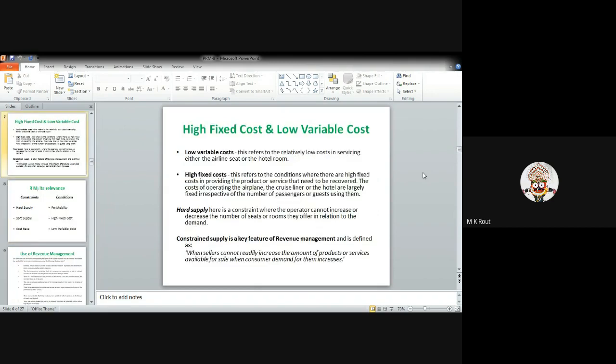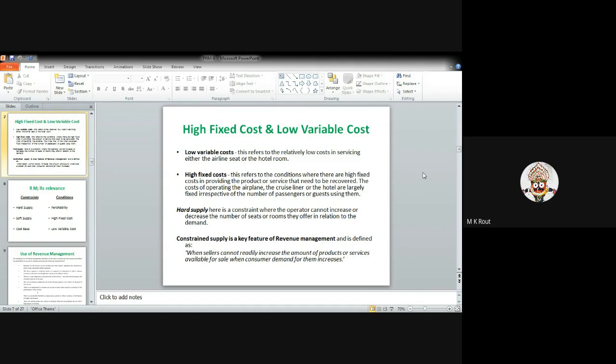Moving to the next one, low variable cost and high fixed cost, especially with reference to revenue generation. These are relatively low, and these are serving either the airline seat or, in the case of hotel industries, I repeat, low variable costs are relatively low in servicing an airline seat.